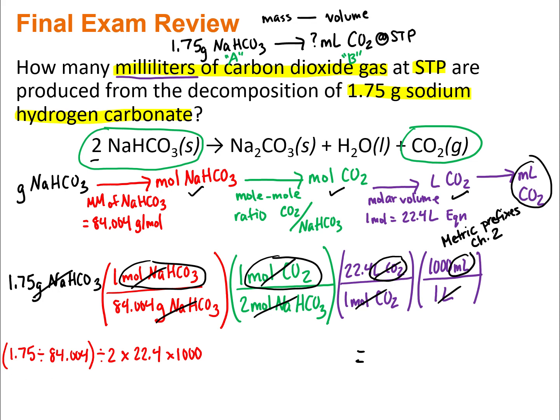And those parentheses help to keep certain things together. It just helps your calculator do things in the right order without having to think too much. When you put all that into your calculator, you should get 233 milliliters of carbon dioxide gas.